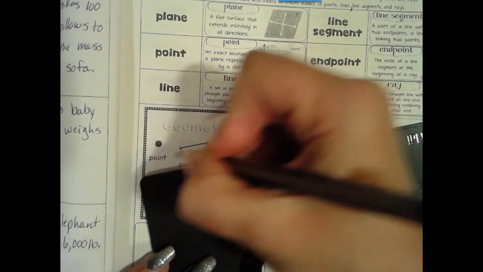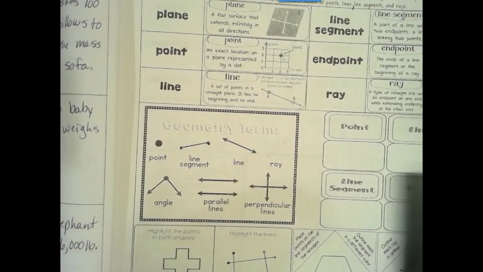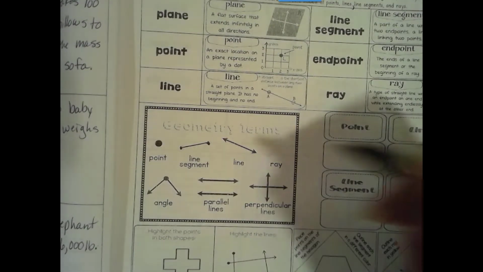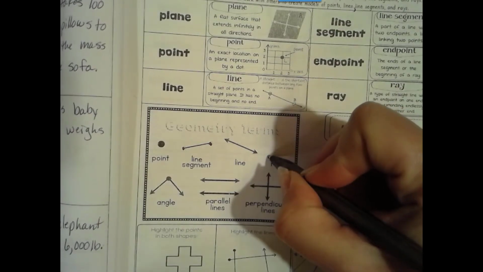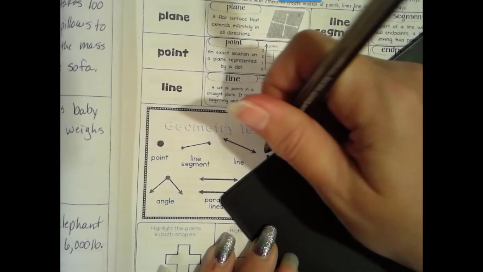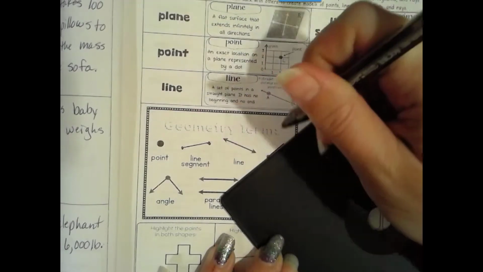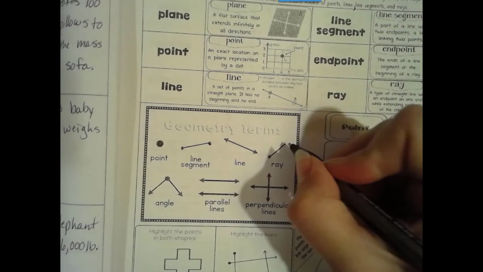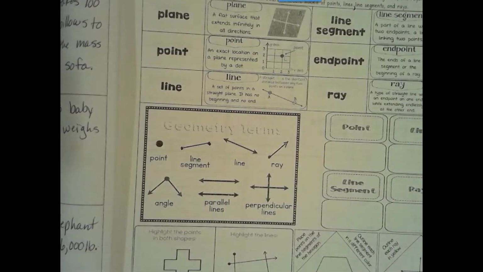So you have your two endpoints on your straight line. We have our line, and then also we have our ray. And so it has one endpoint, and then it continues in the other direction forever. So the arrows show that it's continuing forever.